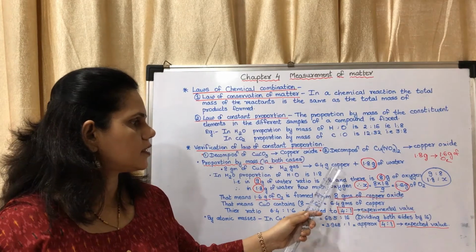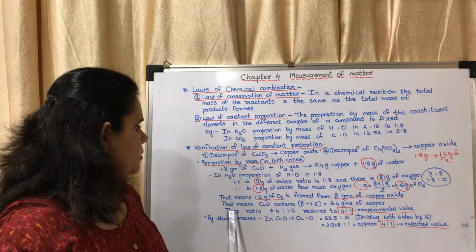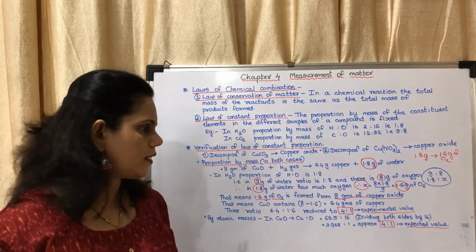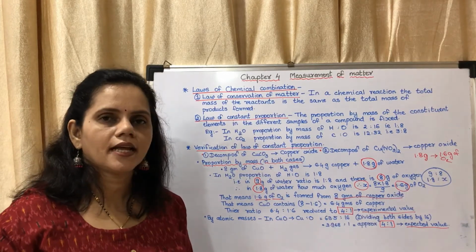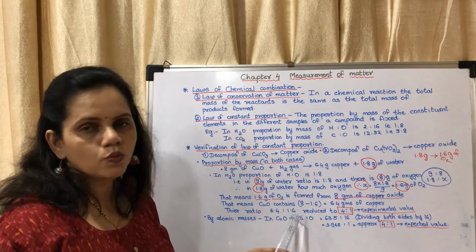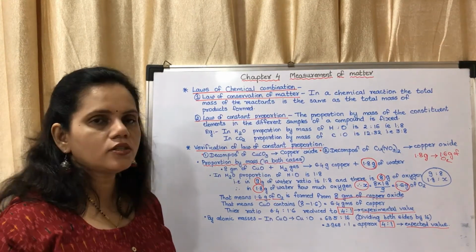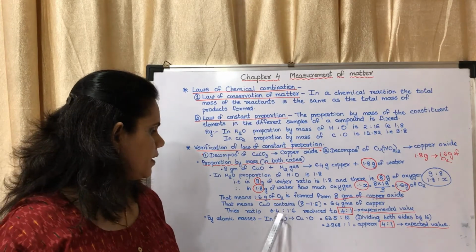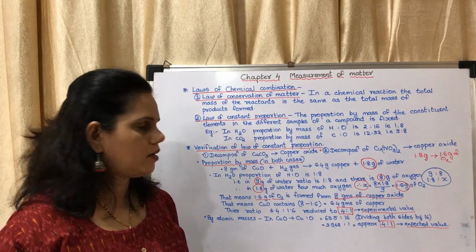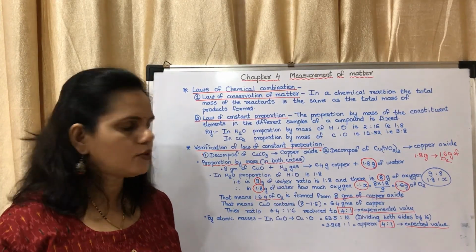So that means copper oxide contains 6.4 grams of copper and 1.6 grams of oxygen. The ratio is 6.4 is to 1.6. If you reduce it by 1.6, it will come to 4 is to 1. So this is the experimental value.